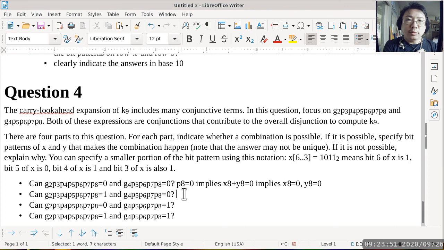So we do not really have a choice here. We basically say P5 to P8 equal to 1s. And the only differentiator here is G2P3 also has to be a 1. So we also say G2 and P3 also equal to 1.